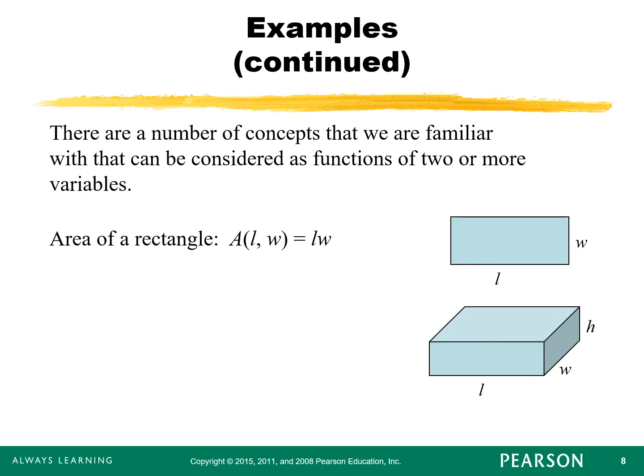So we are going to find the area of a rectangle, L times W, which can be expressed as a function A(L, W) equal to L times W. And the volume of a rectangular box is pretty simple too. We are going to express it as the function V(L, W, H) equal to L times W times H.